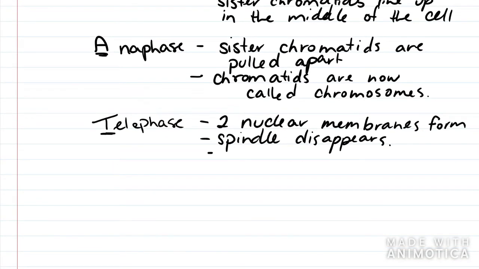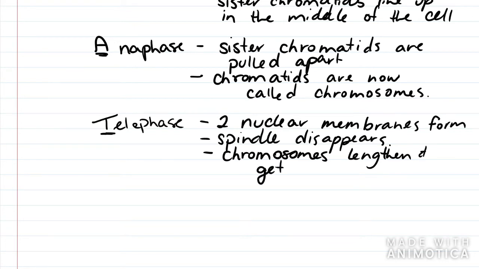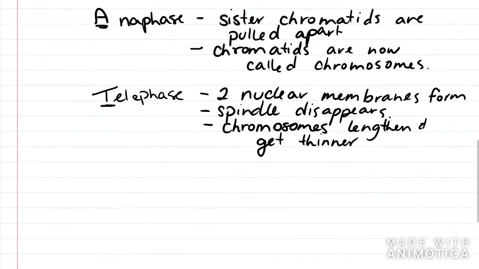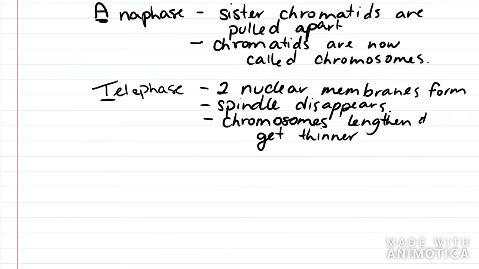The chromosomes lengthen and get thinner. And then inside the nucleus that's being reformed, the nucleoli reappear.